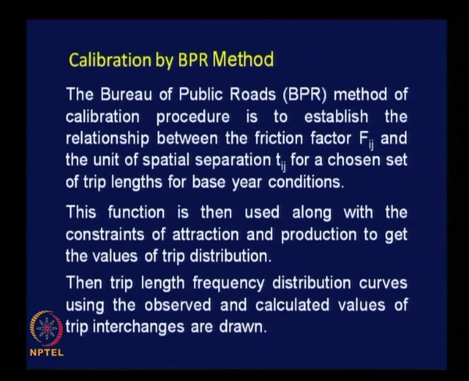What do you understand by trip length frequency distribution curves? Or how do you understand trip length frequency? Let us hold the curves for the time being. What do you understand by trip length frequency? Let us say we are segmenting trips based on travel time as trips from 0 to 5 minutes, 5 to 10 minutes, 10 to 15 minutes, 15 to 20, 20 to 30, 30 to 40 and so on.